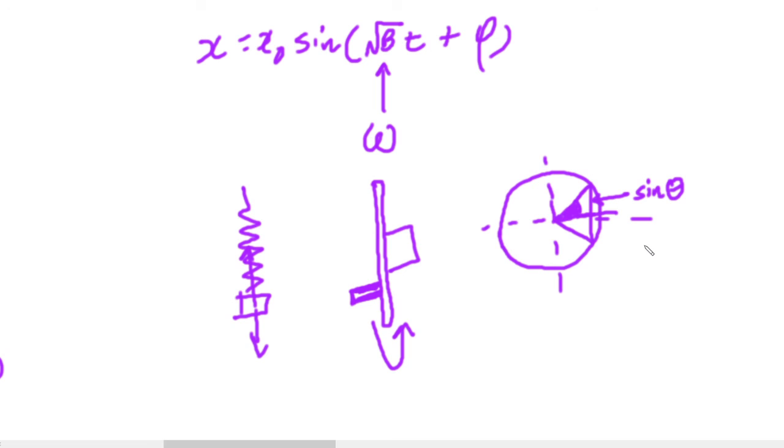Because if angular velocity is the rate at which theta is changing, and therefore influences the rate at which x is changing, as x is sine of that angle, as in sine theta changes at a rate of cos theta, so sine of root b t plus psi will change at a rate of root b cos root b t plus psi.